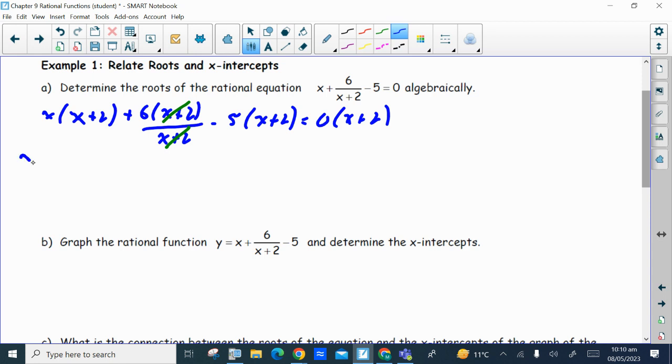So multiplying everything out, you'll get x² + 2x + 6 - 5x - 10 = 0, or x² - 3x - 4 = 0.